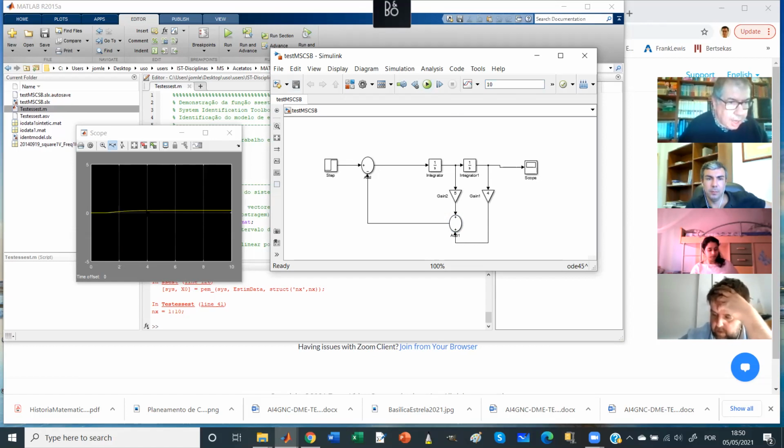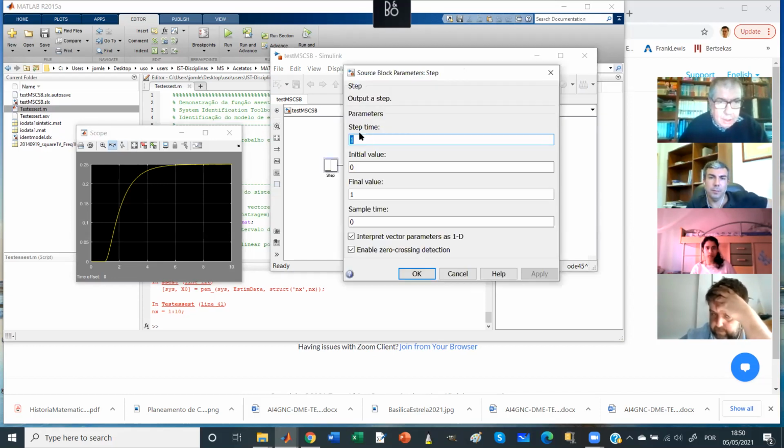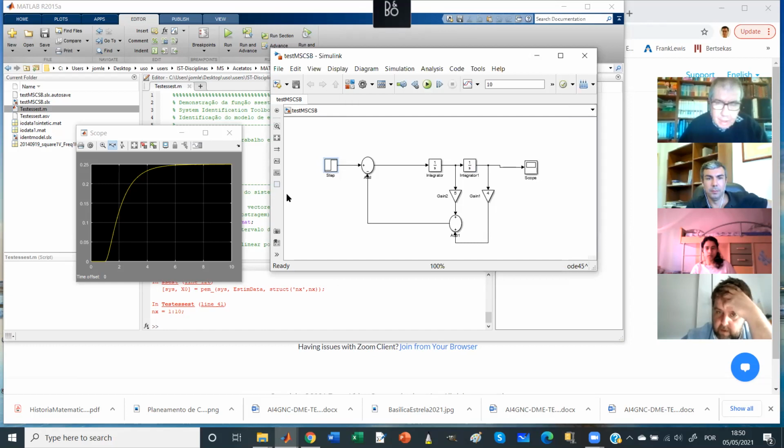Okay, so you were at 0 and you went to some value. Now, the step has a value of 1. So this should go to 1, but it goes to 0.25.